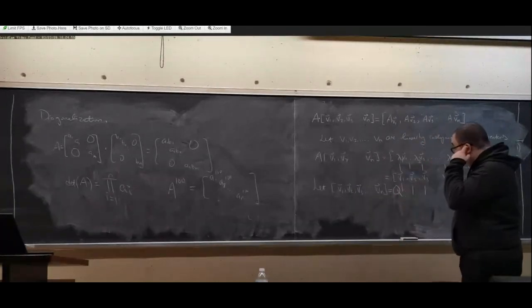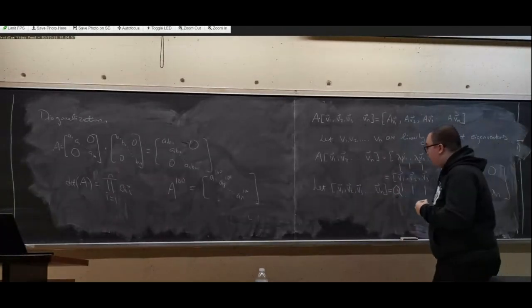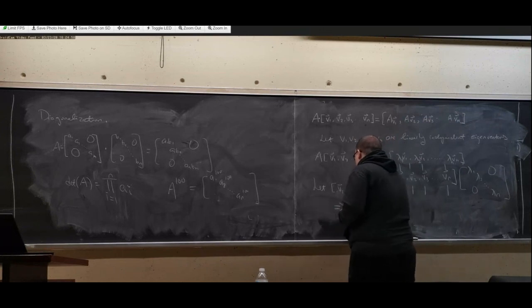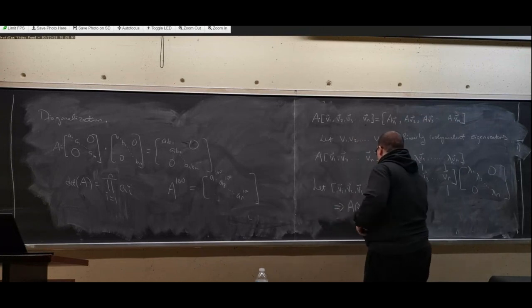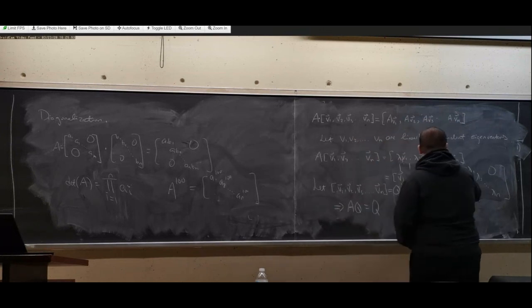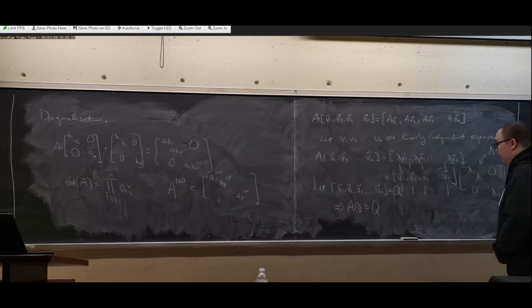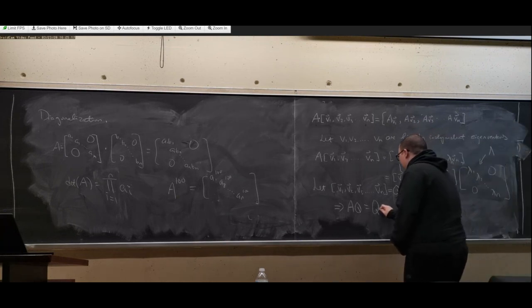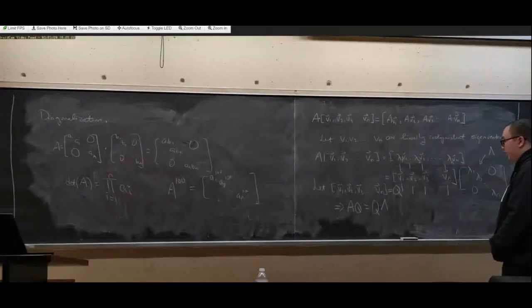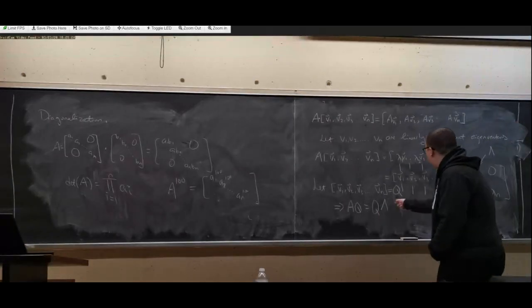If we let this be a matrix, what we have is A times Q equals Q times this diagonal matrix. I'm going to call this capital lambda. So A times Q equals Q times lambda.